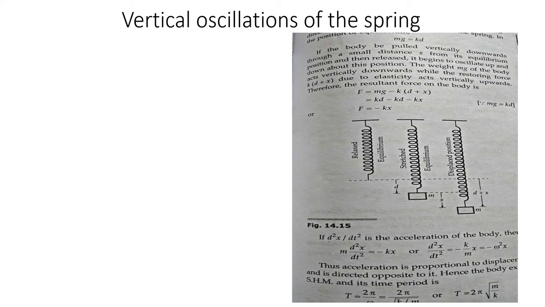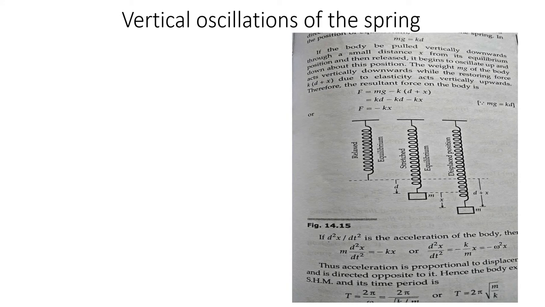At that time some displacement will be there, which we write as d. So at equilibrium we can write mg is equal to kd. Why? Because mg is the force acting downwards and kd is the restoring force. So at equilibrium mg is equal to kd, where d is the initial displacement.